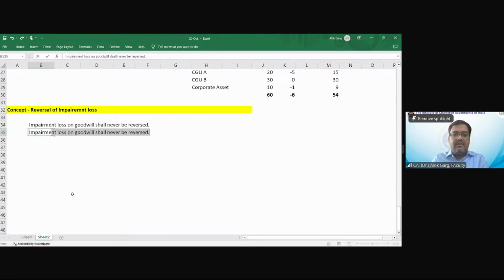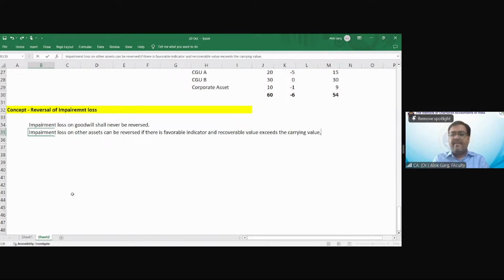Impairment loss on other assets can be reversed if there is a favorable indicator and the recoverable value exceeds the carrying value.